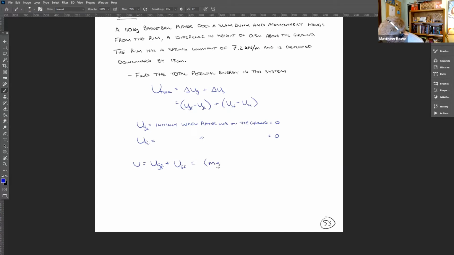We have mass, gravity, and I'm going to say h for height, so height off of the ground. Why am I calling this h and not y? It's because I'm going to use y for this next term. I'm going to say plus 1/2 k y squared, where y is how much the basketball rim deflects downward.